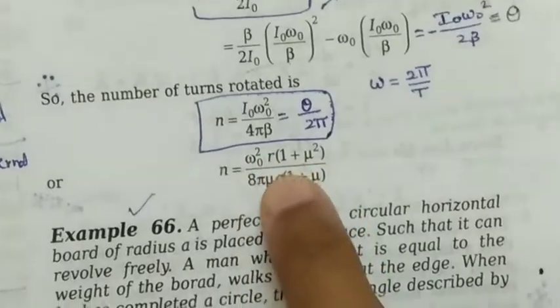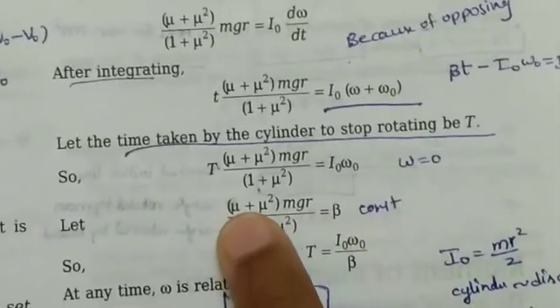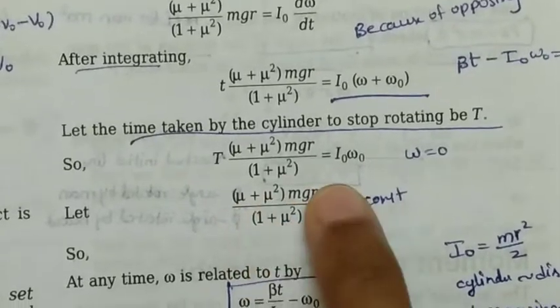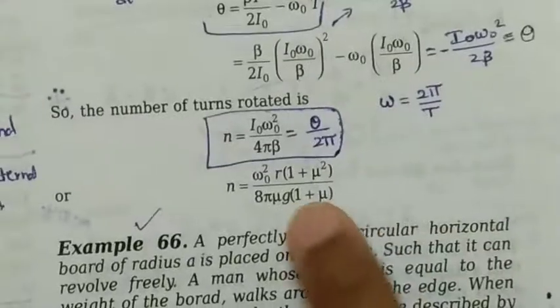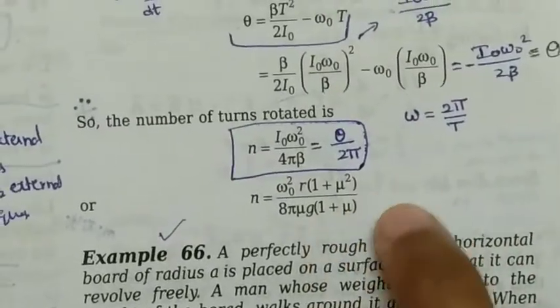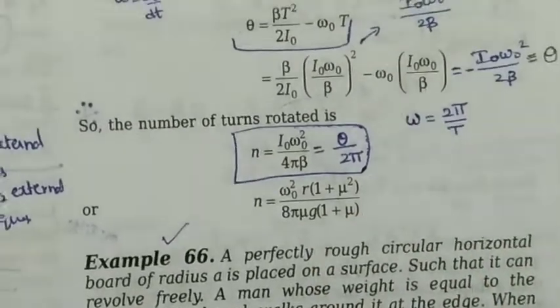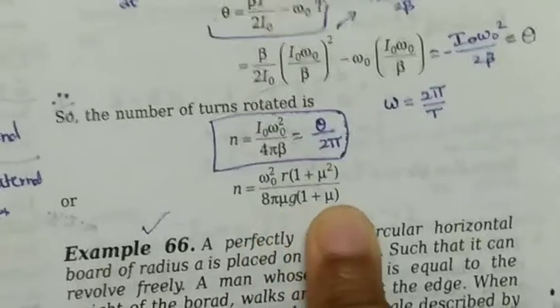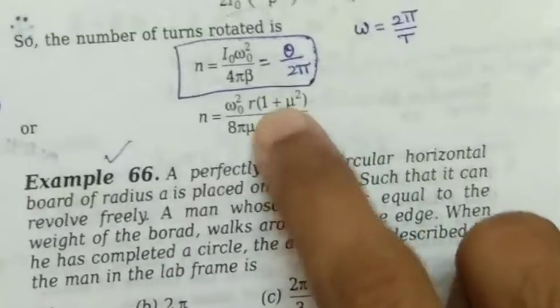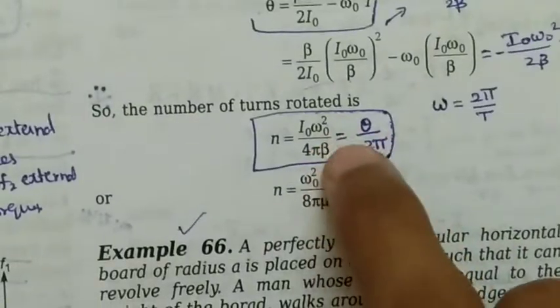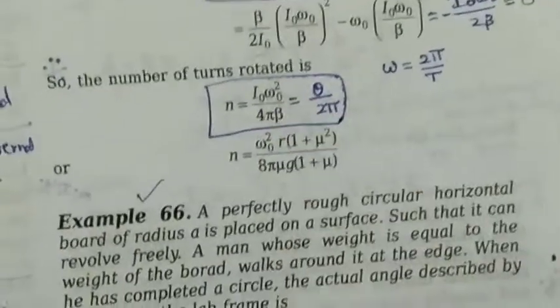So omega naught r, and here we can take mu as common, so 1 plus mu would remain. So we are having mu into 1 plus mu, and g would remain the same, and 1 plus mu square would go to the numerator, because we are dividing with beta in this equation.